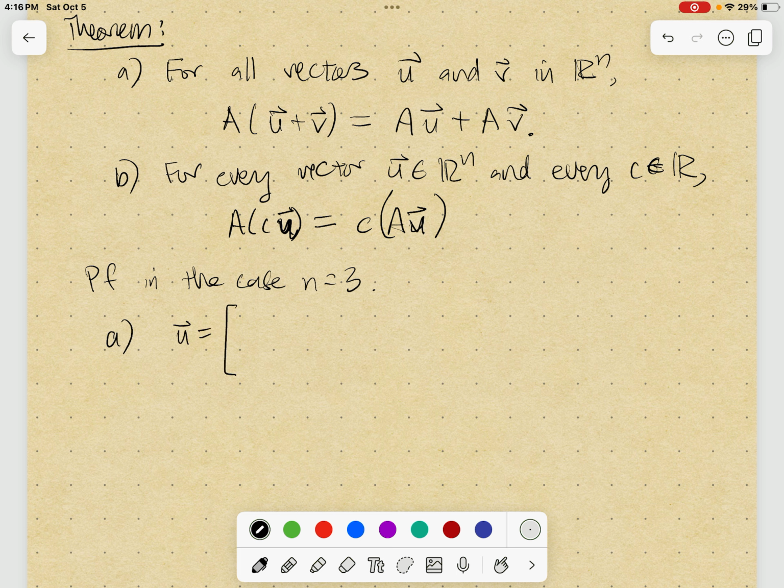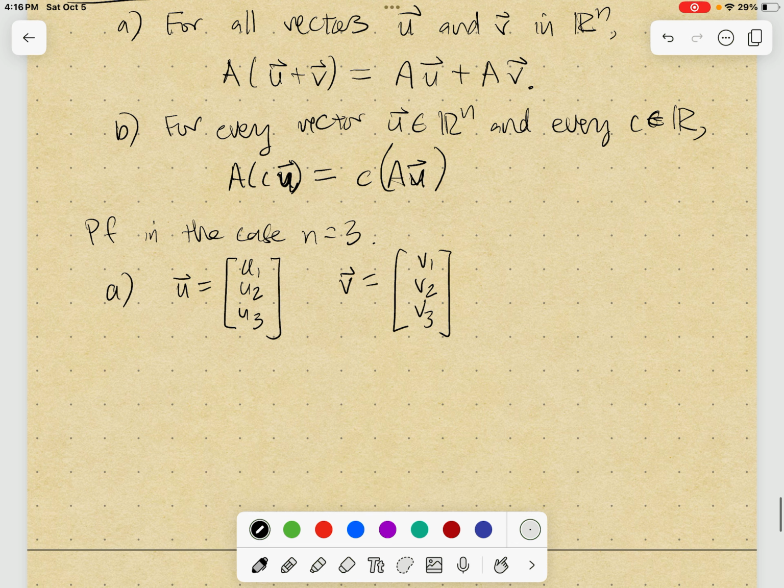So let's say that u has components u1, u2, and u3. So u1, u2, and u3 are real numbers. And say that v has components v1, v2, and v3. So v1, v2, and v3 are real numbers.